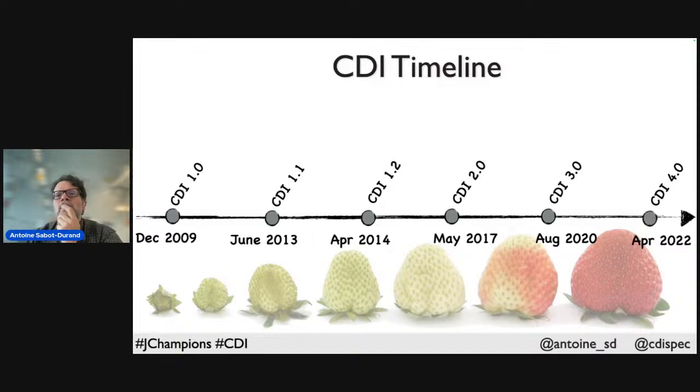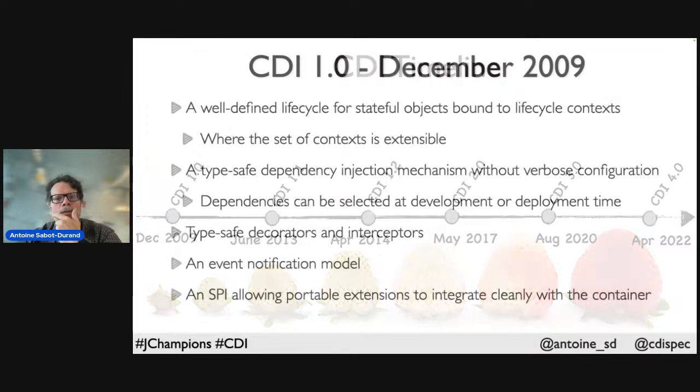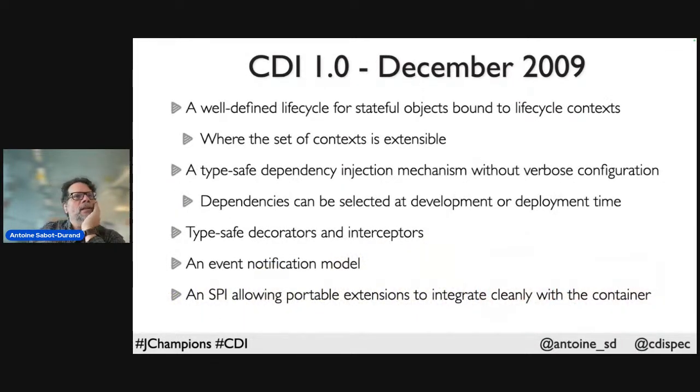Okay, so if we go back on the major versions. As I said, CDI 1 was released in December 2009 with Java EE 6. It provides a framework for inversion of control and dependency injection with management of the lifecycle of a given object in a stateful way.